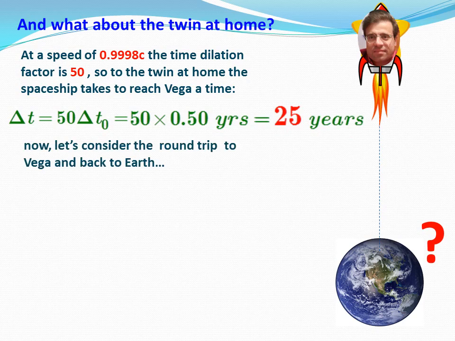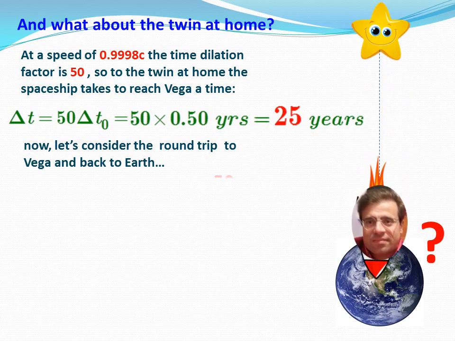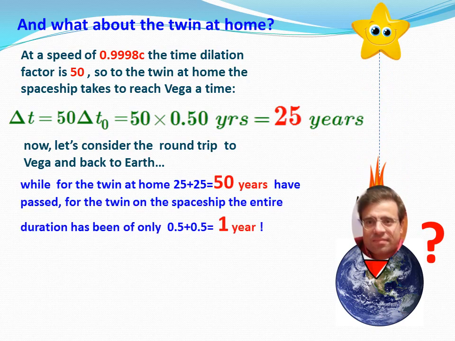Now, let's consider the round trip to Vega and back to Earth. While for the twin at home, 25 plus 25 equals 50 years have passed, for the twin on the spaceship, the entire duration has been of only 0.5 plus 0.5 equals 1 year.